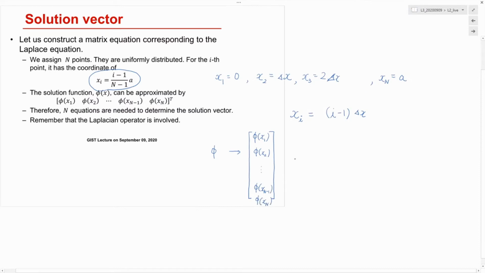And as I told you before, in this course, instead of this long expression, sometimes I will use a short-handed form like phi 1, phi 2, phi n minus 1, phi n, when everything is clear, not introducing any confusion.